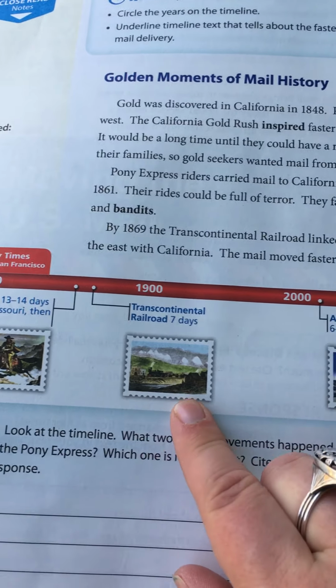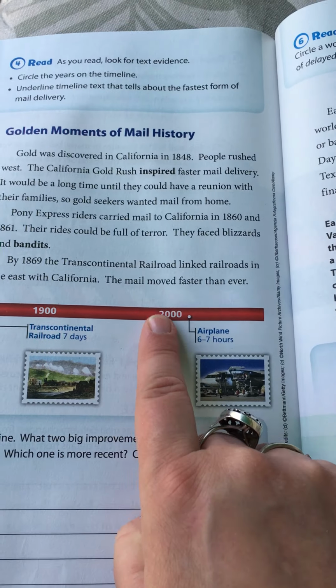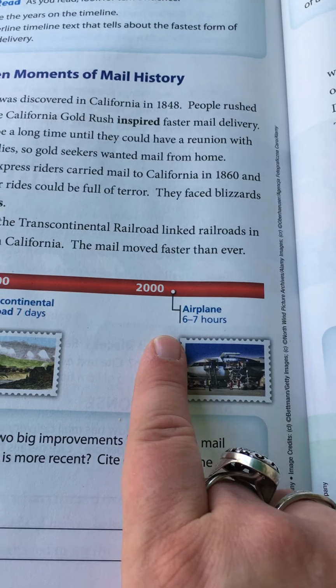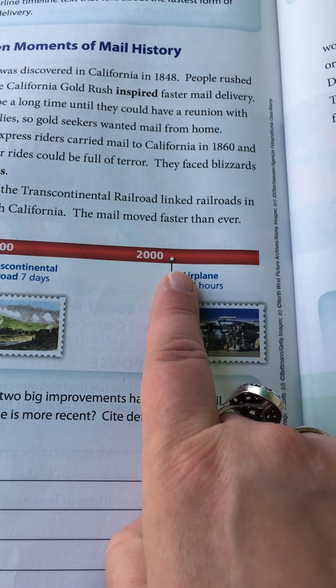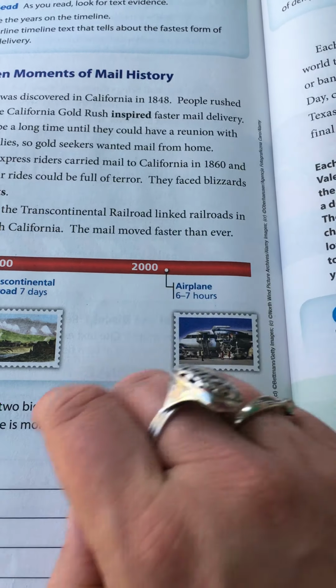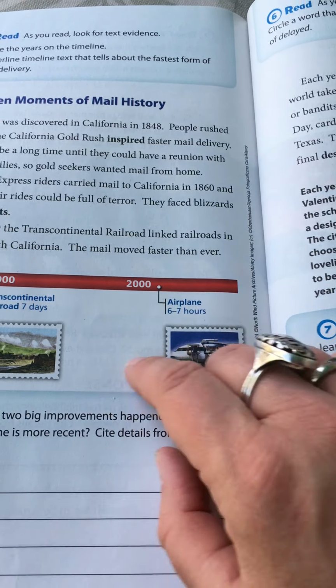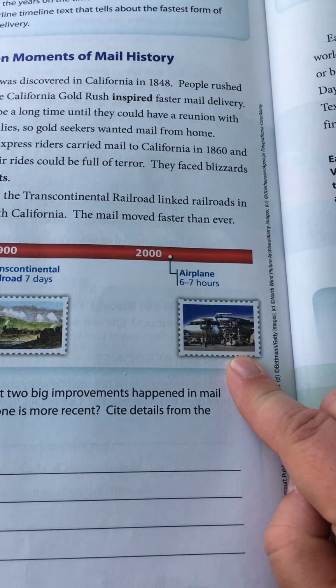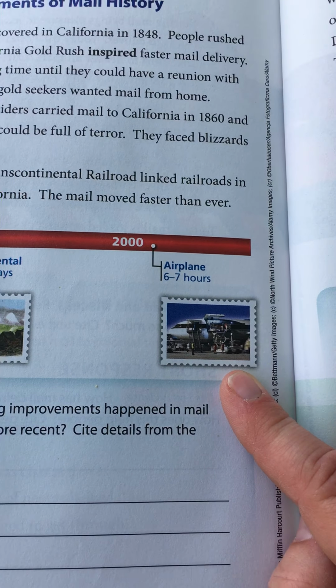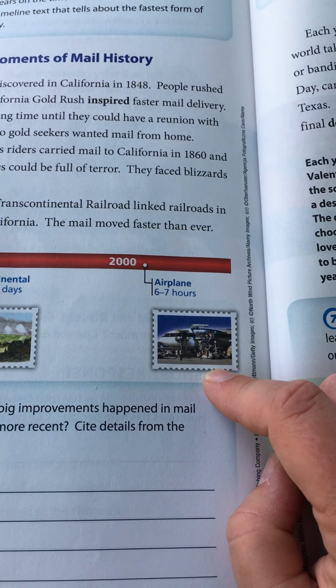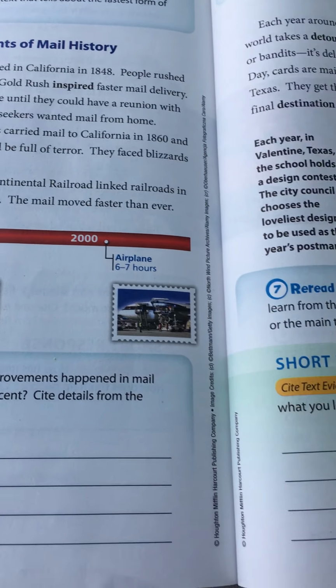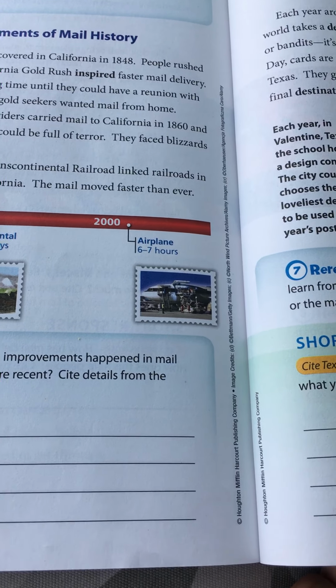That's a big difference. And then we have a huge jump to the time that we're in now, which is 2020. So you can see where the little dot is after the year 2000. So now we have airplanes that can bring our mail across the country in 6 to 7 hours. That's really fast.